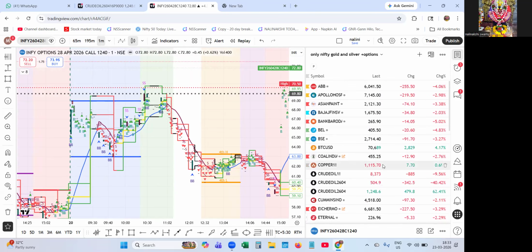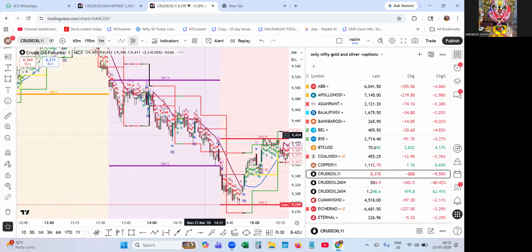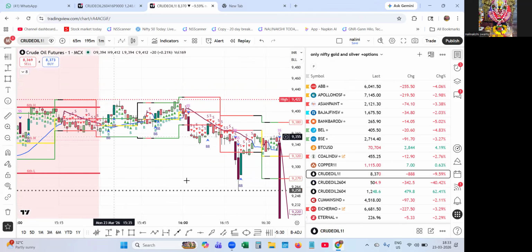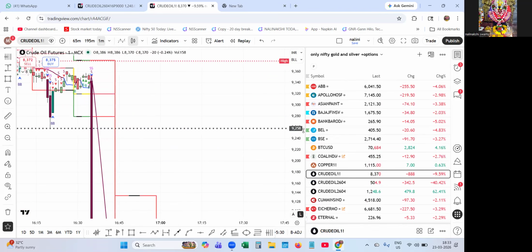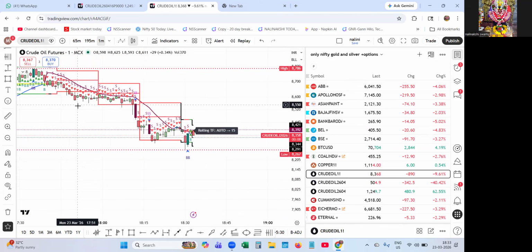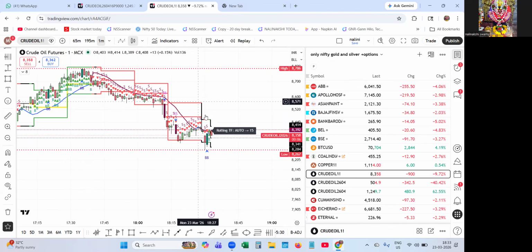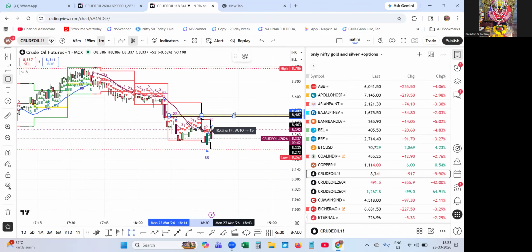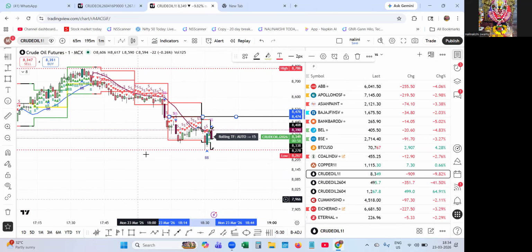Now at present, crude oil is trading, it has fallen so much. Now I am on the 1 minute time frame. One box will tell you the 15-minute boxes. This is the 15-minute box. So if you mark the 15-minute box, whenever you want to trade, you can trade like this.